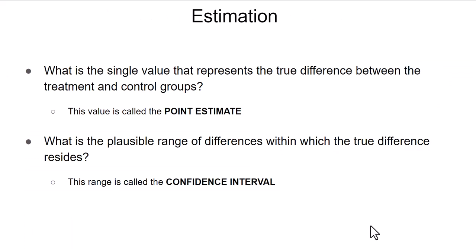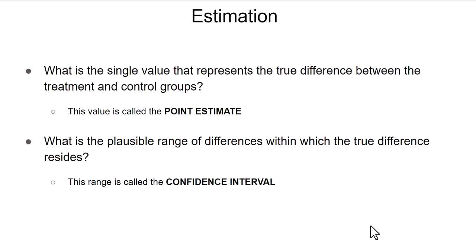A couple of definitions you need to know when it comes to clinically relevant statistics. The first one is called the point estimate. The point estimate is just a word that means the single value that represents the true difference between the treatment and control groups.